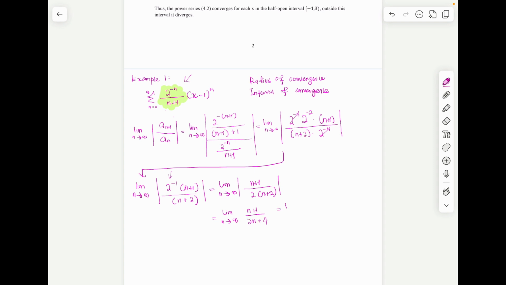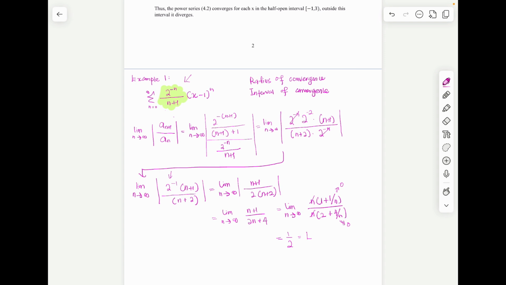Now you can solve for the limit. This one, 4 divided by n, is 0, this is 0, and the limit is 1/2. So 1/2 is the L.